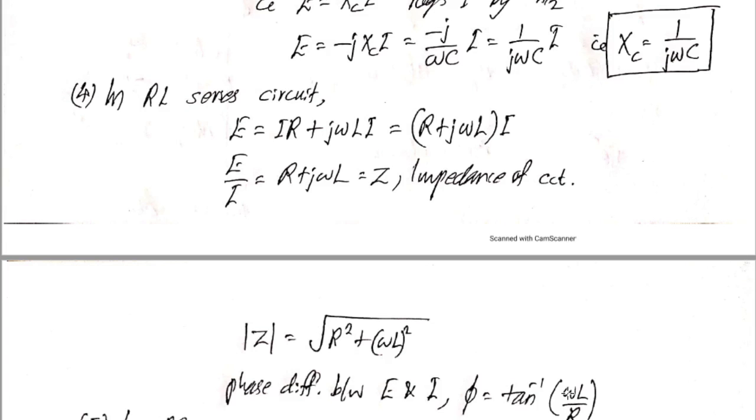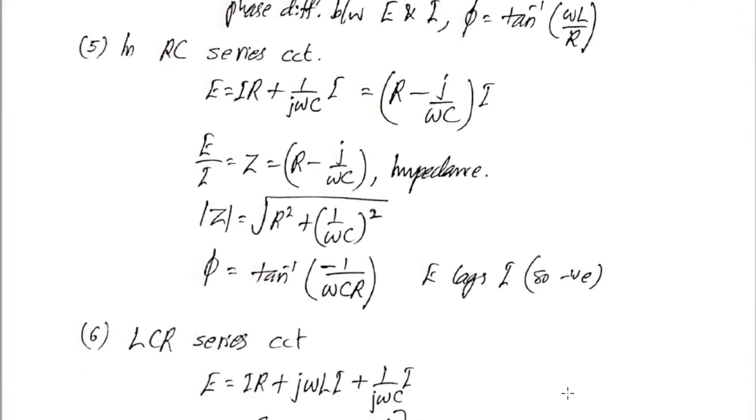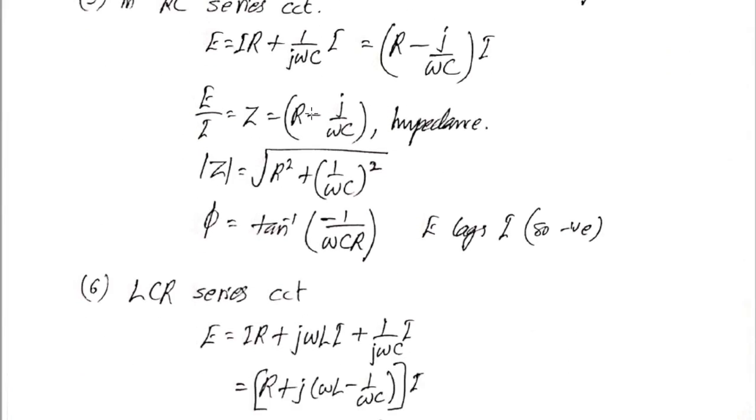Similarly, in the case of an RC circuit, E will be equal to IR + 1/(jωC) into I, that is equal to (R − j/ωC) into I. So R − j/ωC is the impedance here.